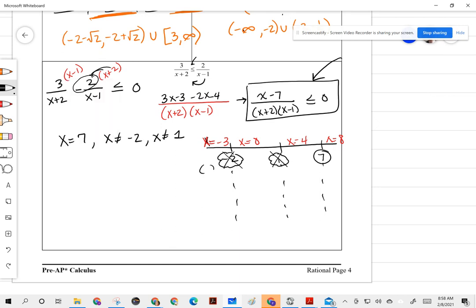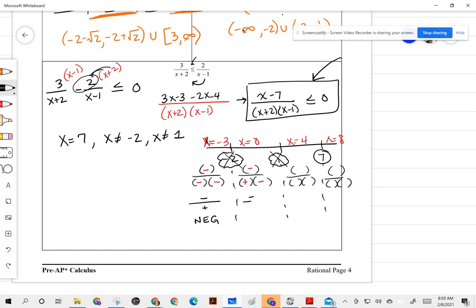So we've got 1 factor on top, 2 on the bottom. And so -3 minus 7, and then -3 plus 2, and then -3 minus 1. So that's going to be a negative over a positive, which is going to be definitely a negative. So 0, that's going to give me this sign analysis here.